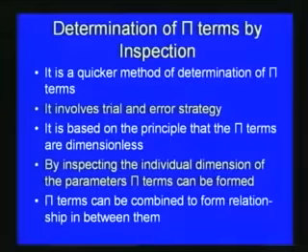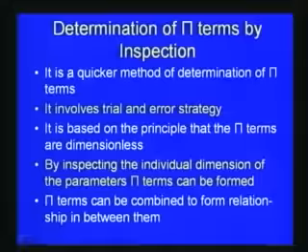Next is the determination of pi terms by inspection. While doing the dimensional analysis using the Buckingham pi theorem, we can do some inspection, or check, and determine the pi terms.